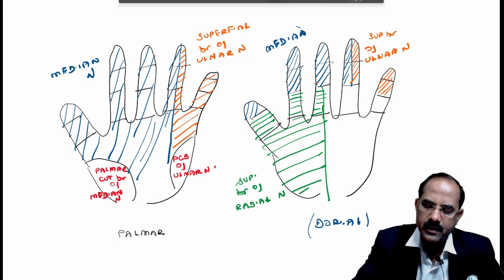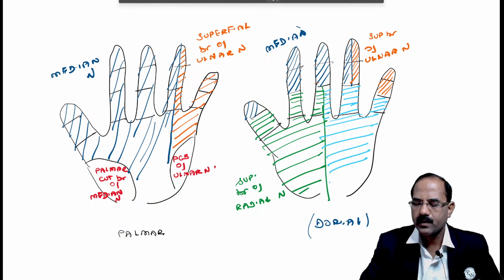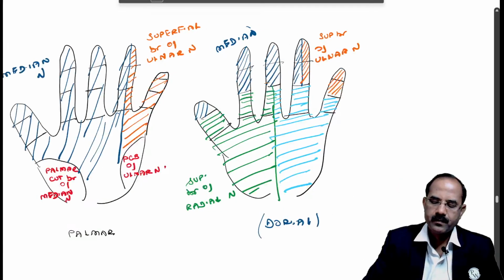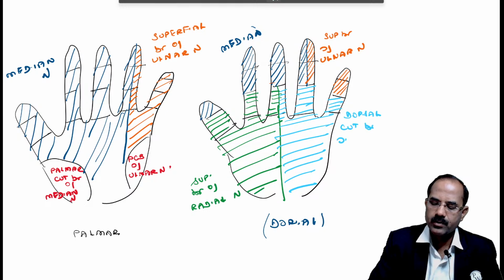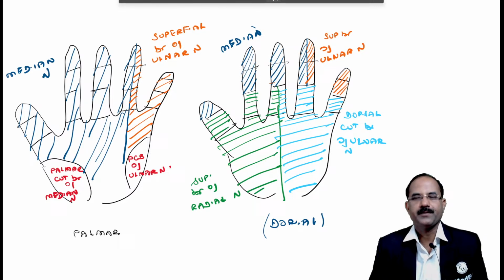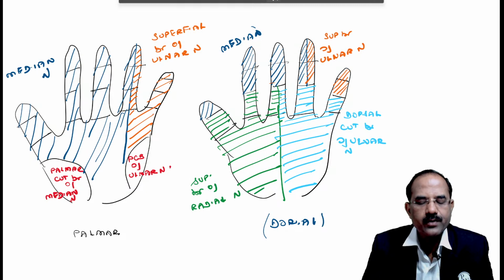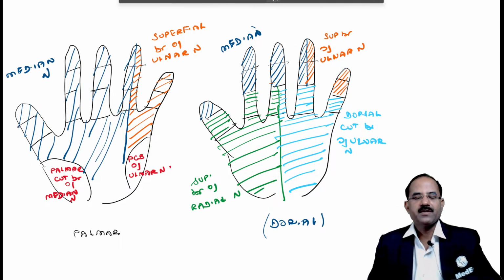And these 2.5 fingers are supplied by the dorsal cutaneous branch of the ulnar nerve. I hope this is clear to all of you. This is very important, students. Just remember this.